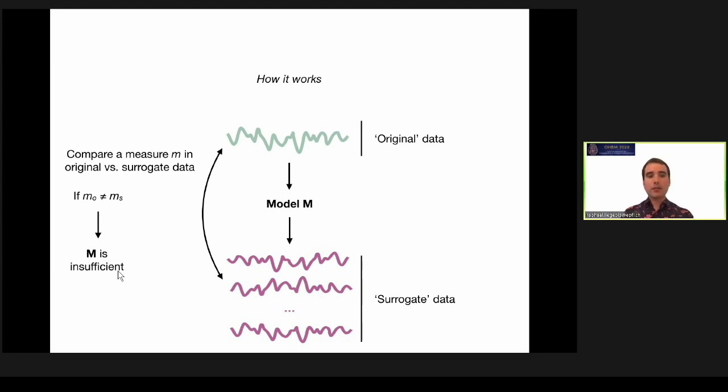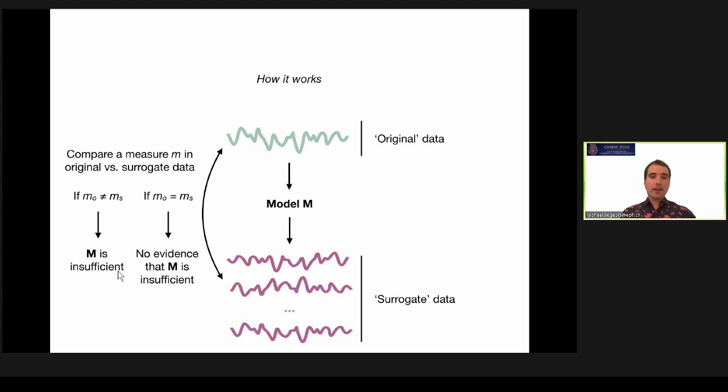So for example, if M_O, the metric m computed in the original dataset, is different from M_S, which is m computed in the surrogate data, then it means that the model M is insufficient to capture all the statistical information that is contained in the original data.